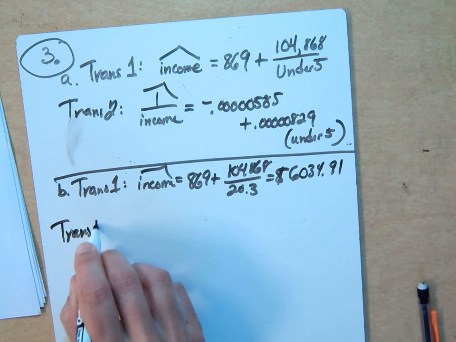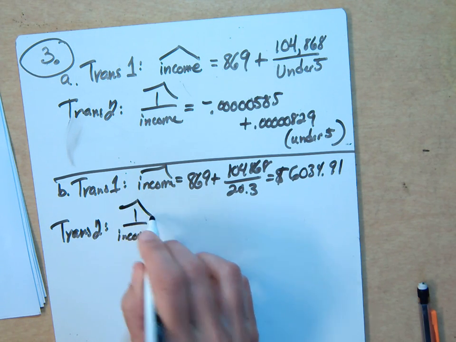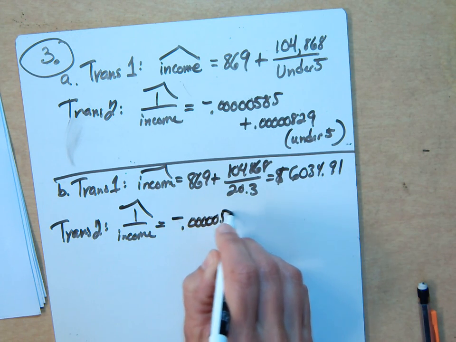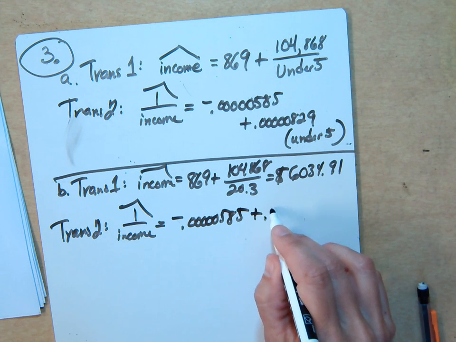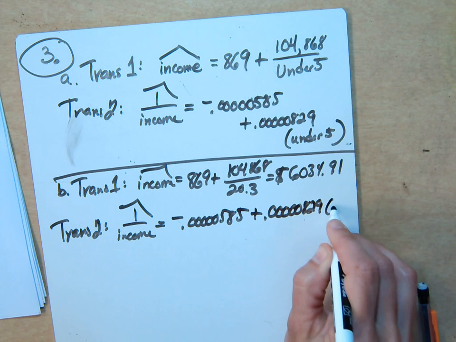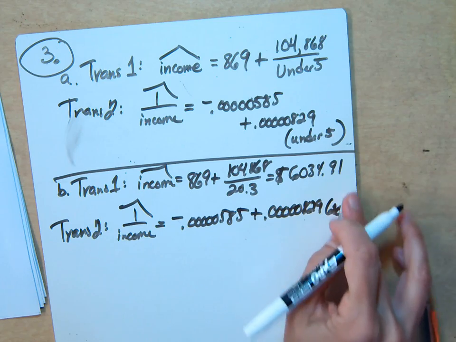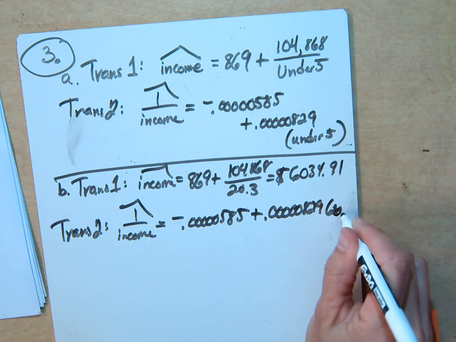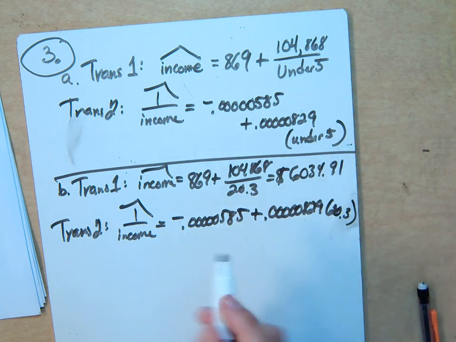And if we use transformation 2, 1 over the income is negative 0.0000585. So this is what you'll be doing. You'll be writing the regression line model and then using that to find the predicted value. 20.3 is our mortality rate that we're given. Just plugging in 20.3 into each equation is what I'm doing.